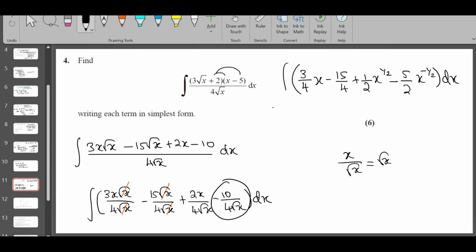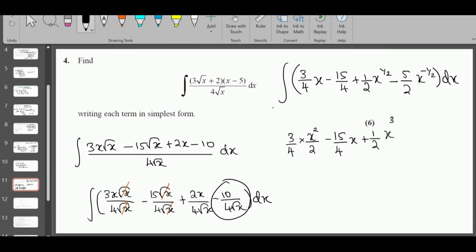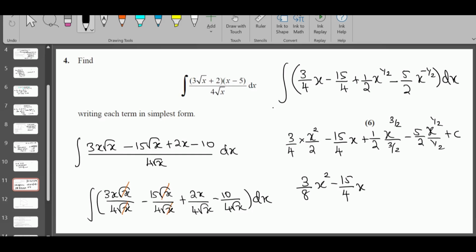Now we are going to integrate each term separately. So it's going to be 3 over 4 times x square over 2, 15 over 4 x, 1 over 2, x power half plus 1, which is 3 over 2, by half plus 1, x power minus half plus 1, which is positive half, by positive half, plus c. So simplify it, you'll get 3 over 8 x square minus 15 over 4 x.